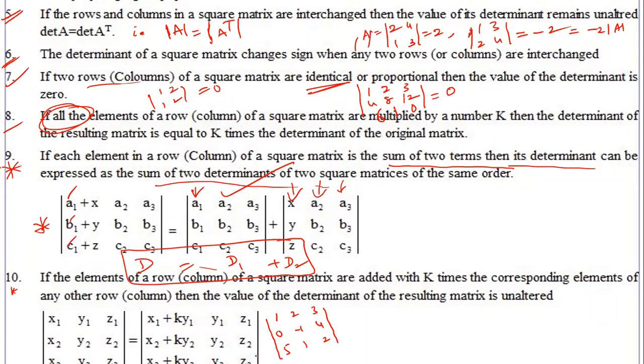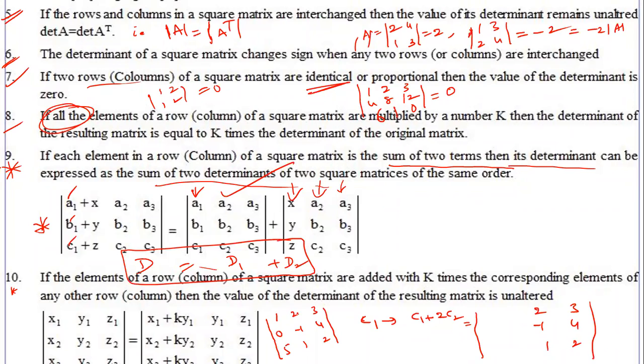Is it clear here, students? Now what I'm doing here, I'm taking C1. C1 plus 2 times C2. What is the answer? Can you guess? I'm changing only C1, not C2, C3. So the remaining 2, 3, minus 1, 4, 1, 2 are fixed.